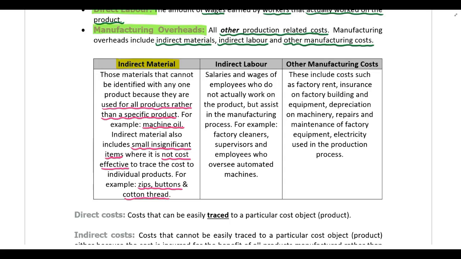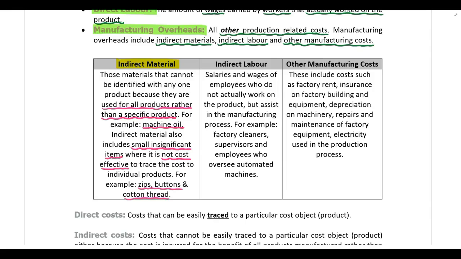We can't allocate that cost to one specific pair of jeans because the cost is not only incurred for one specific pair of jeans. That cost is incurred for the benefit of all jeans that are manufactured in that factory during this period. So it's used for all products rather than a specific product. So that is also classified as indirect material.